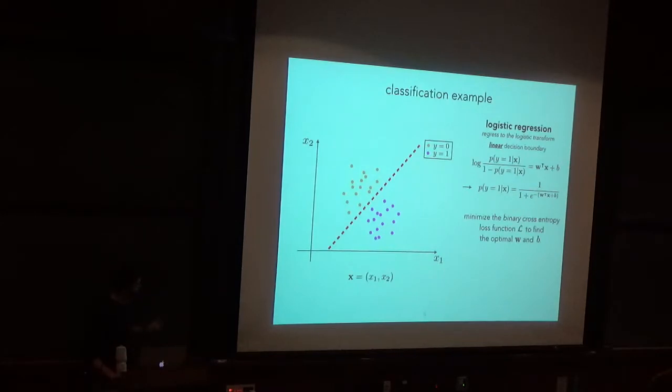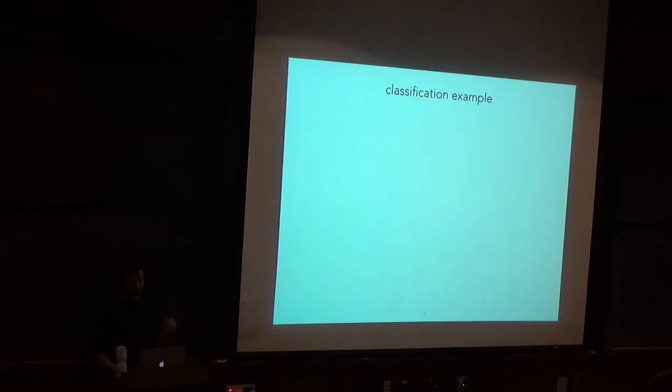And typically in this case, we're going to try to minimize the binary cross entropy. It just gives us a loss function in order to find the right set of weights and bias to actually fit and separate these points. And we're going to do this typically using gradient descent. In some cases, you can just solve for the best solution exactly. But this is the overall pipeline of what you might get in a simple setting of just trying to classify these two different sets of points.